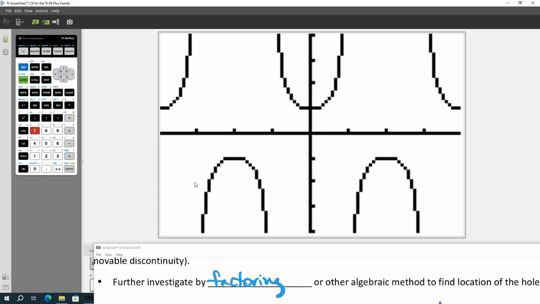We're approaching pi over 2 from the right side. Each one of these tick marks is pi over 2. So this is pi over 2, pi, 3 pi over 2, 2 pi. From that graph, what would you say the answer is? We're from the right side? Negative infinity. All right, I'm going to do a little graph so you can see what I'm talking about.